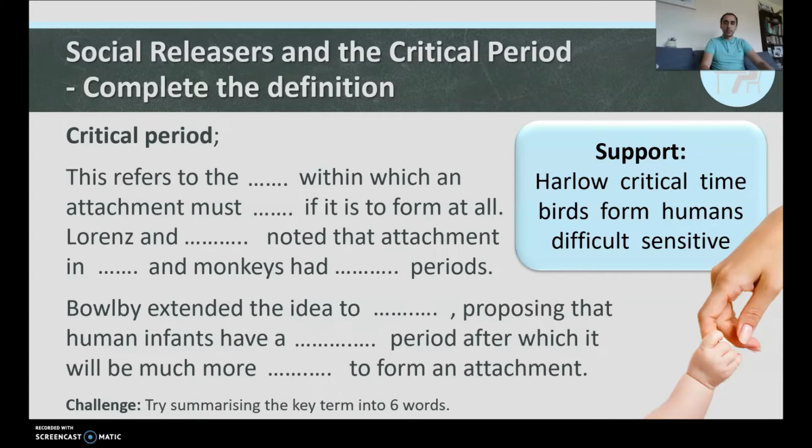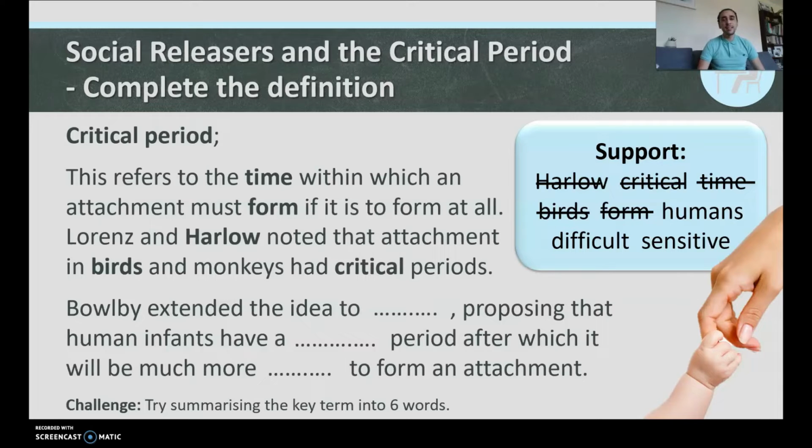Critical period. The critical period refers to the time within which an attachment must form, if it is to form at all. Lorenz and Harlow noted that attachment in birds and monkeys had critical periods.